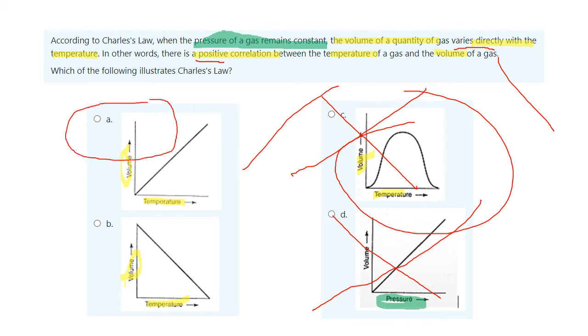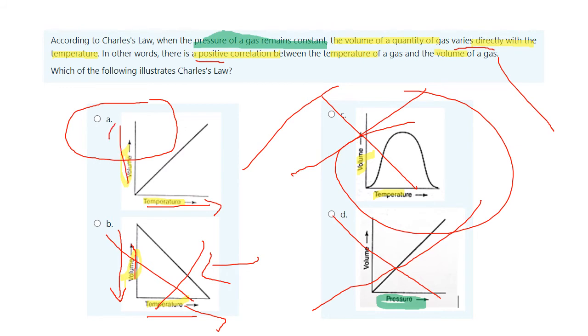So the correct answer is A. B would be a negative correlation. As the temperature increases, the volume decreases. So B shows one going up and one going down. That is negative. A, as the temperature goes up, the volume also goes up.